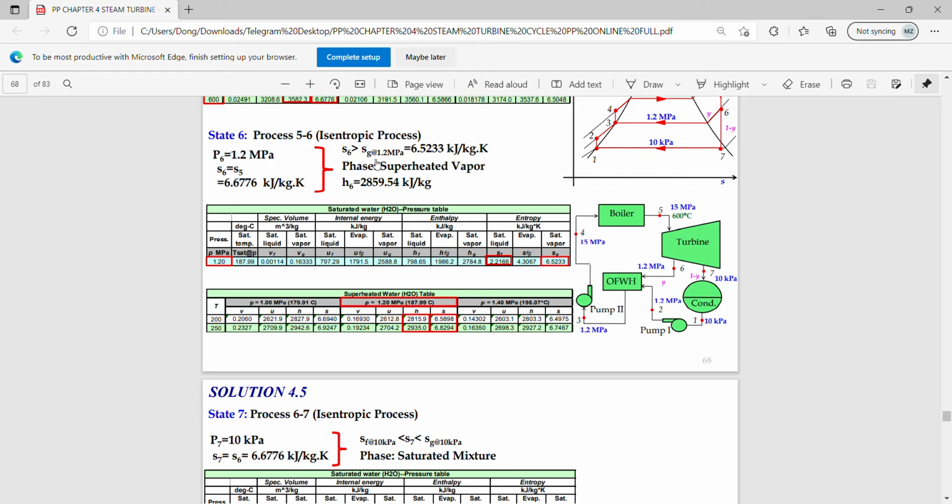Because S6 is greater than SG at 1.2 megapascal, we can find the SG in the saturated water pressure table. We find the pressure first, 1.2 megapascal. So we get the SG is 6.5233. Because S6 is greater than SG at 1.2 megapascal, the phase is superheated vapor.